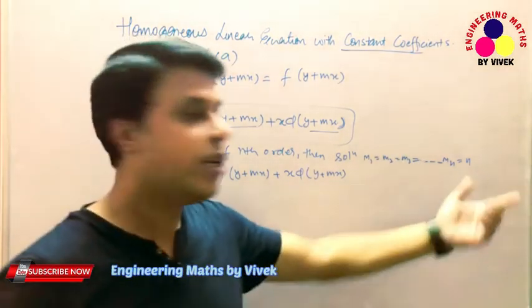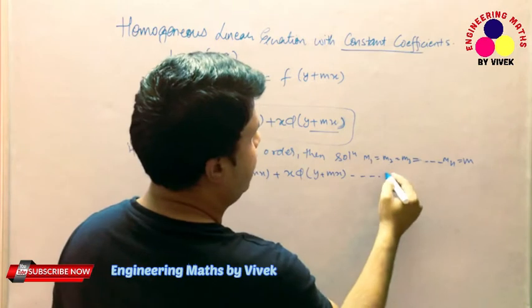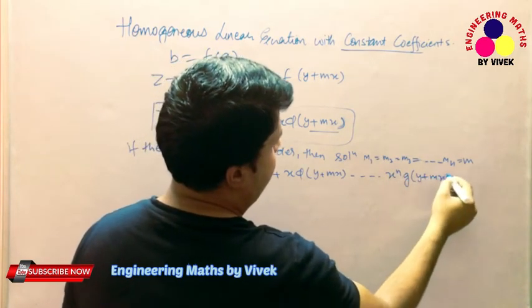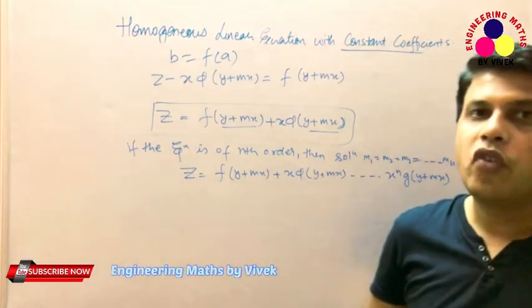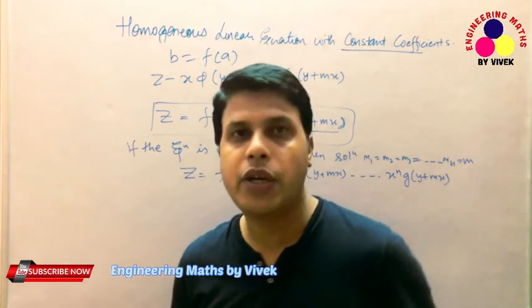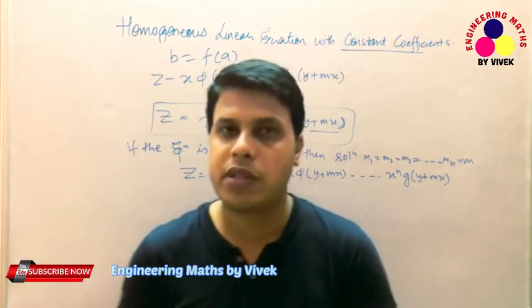That is, all roots are equal. So I think this is clear to you how we can have the complementary function of the homogeneous linear equation in both the cases when the roots are not equal and when the roots are equal.